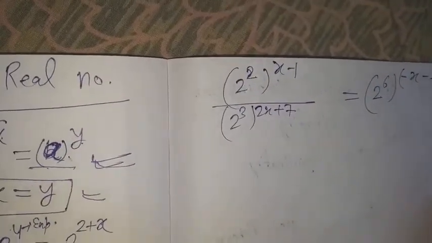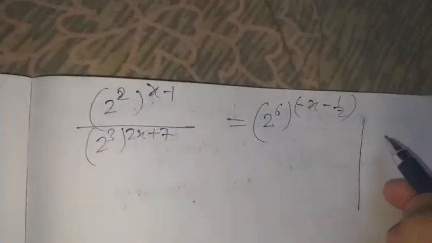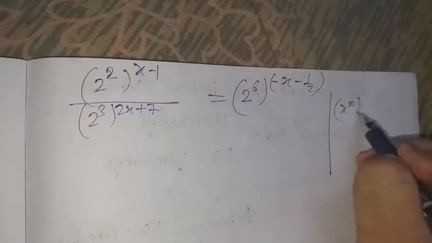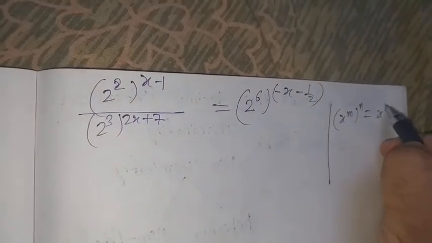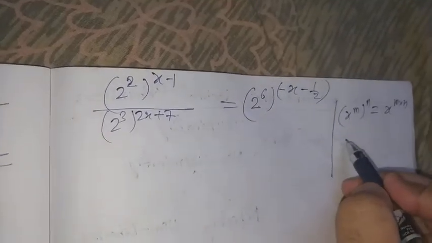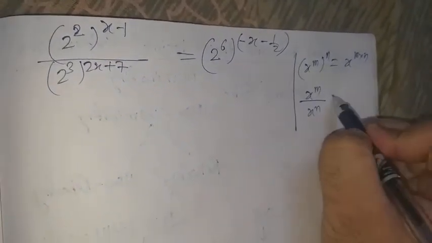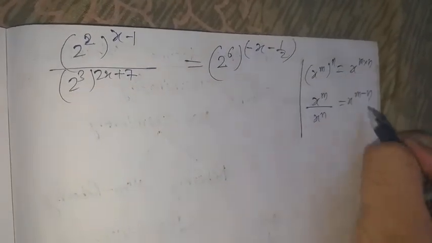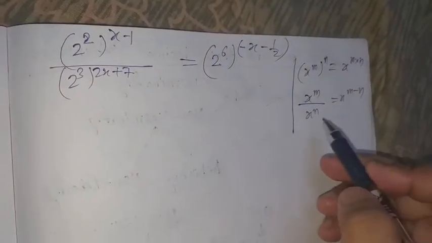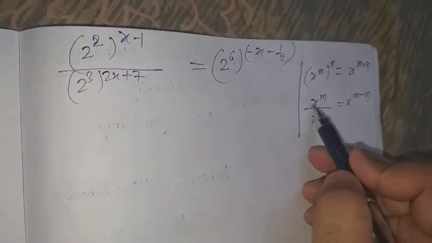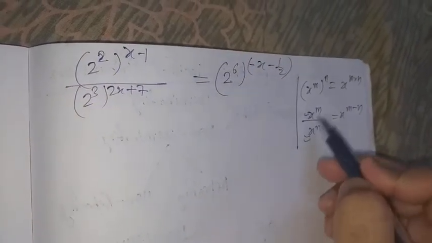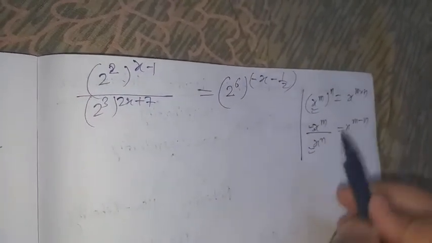You have learned that concept, (x to the power m) whole to the power n is x to the power m into n. You have also learned that x to the power m upon x to the power n is x to the power m minus n. These identities can be applied when the base is the same. Here the base is also the same.